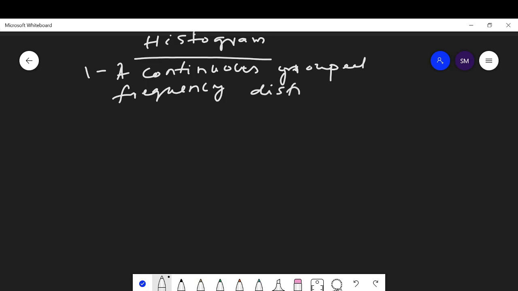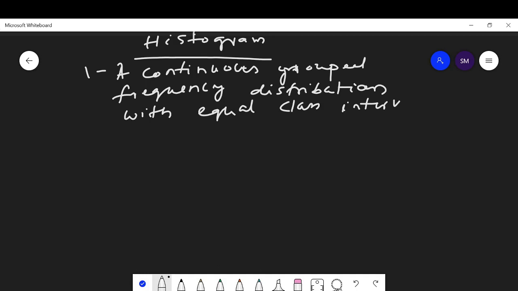Frequency distribution with equal class intervals.